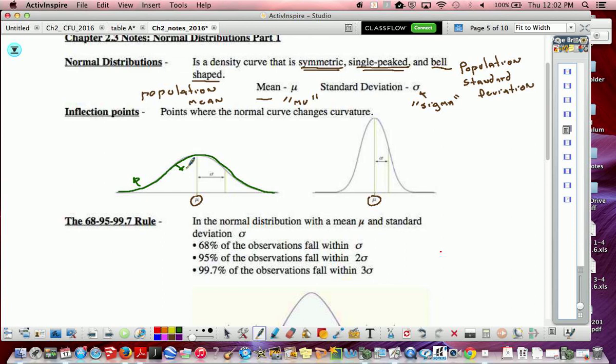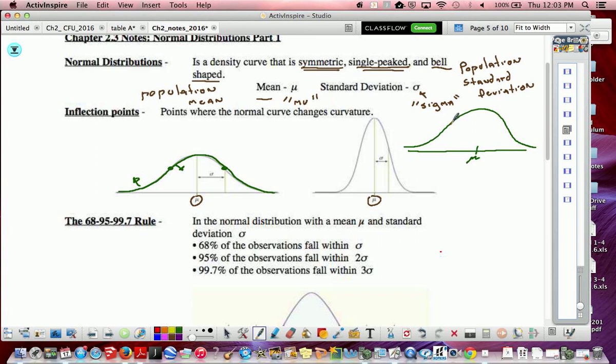And what's nice about the inflection point is where it changes curvature, that distance from the mean is one standard deviation away. So when I start to label and draw my normal curves, like if I draw a number line here and I sketch a normal curve to the best of my ability, I know my mean is going to be located right in the center.